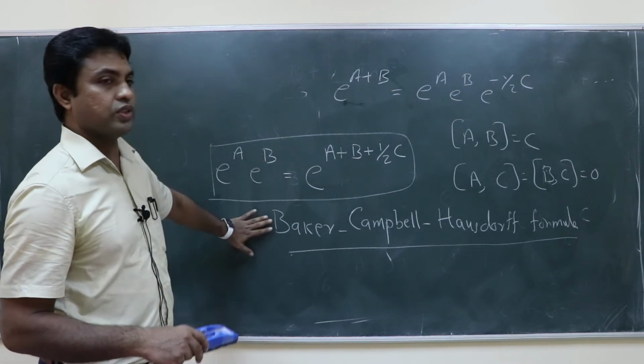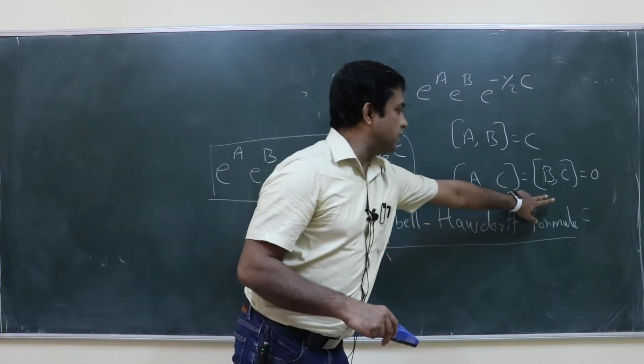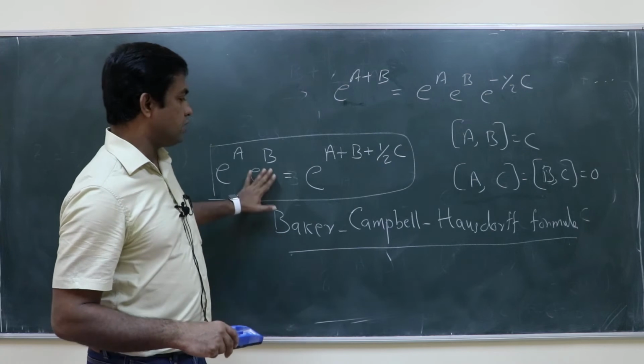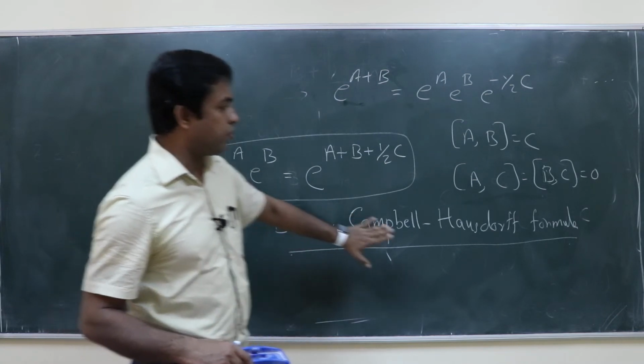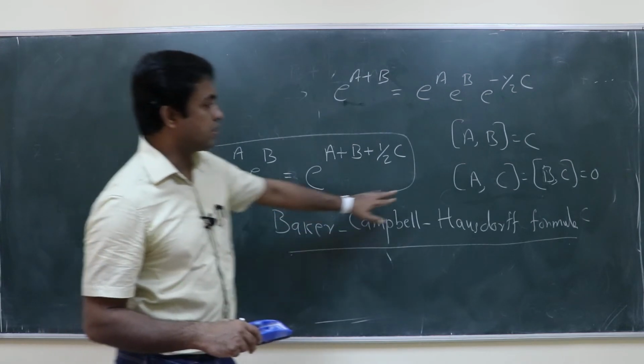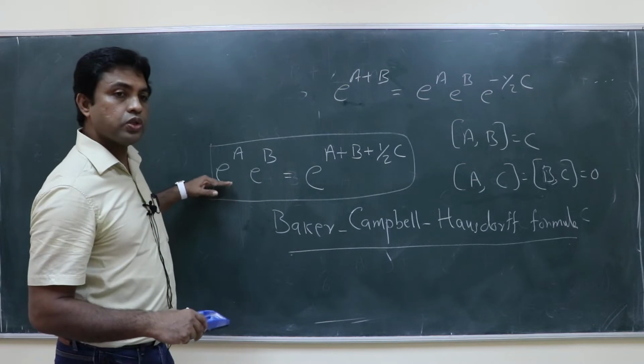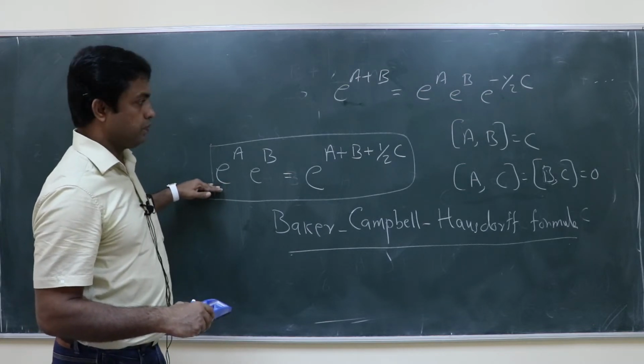This is a special case of the general Baker-Campbell-Hausdorff formula, where this condition is not satisfied. The general formula applies when this condition is not satisfied; when this condition is satisfied, this is what you get. This also will be a very useful formula.